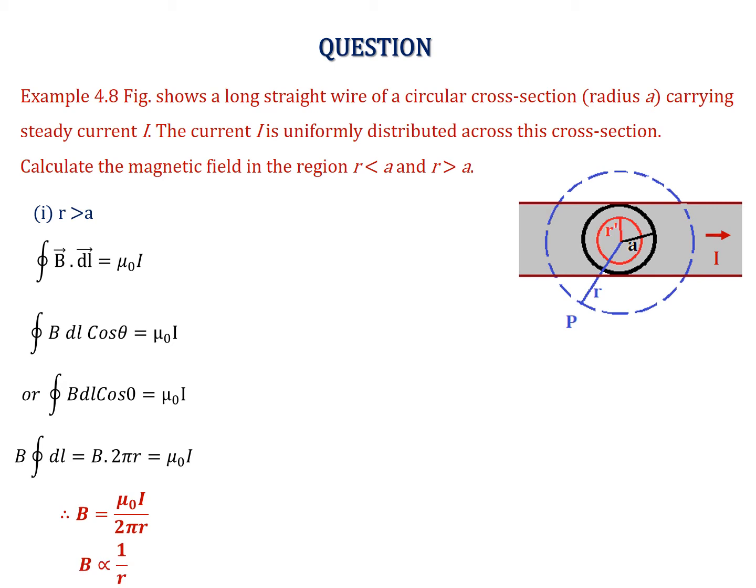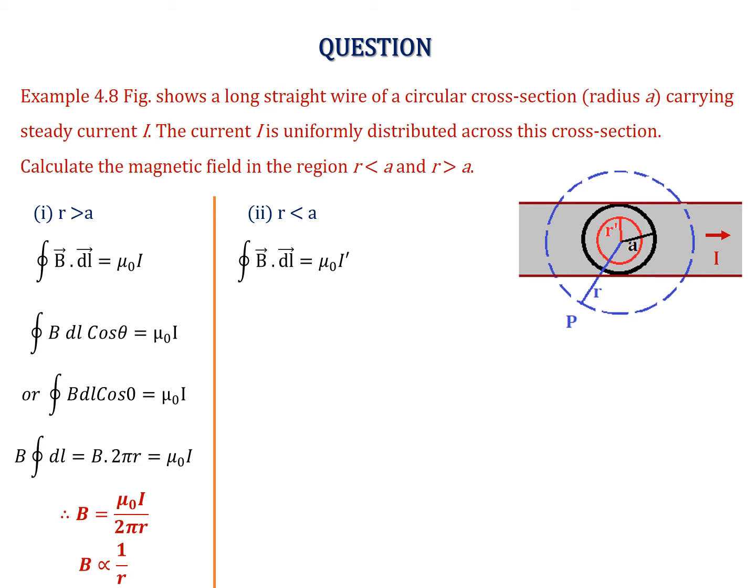But if we take a point inside the wire, that is for r less than a, we have to choose a closed loop passing through that point, and hence now the radius of the loop will be less than the radius of the wire. Hence, we can write integral B dot dl as mu naught I dash, where I dash is the current enclosed by the loop.